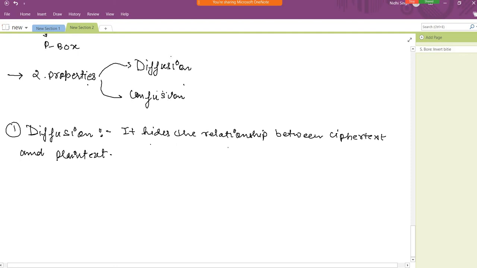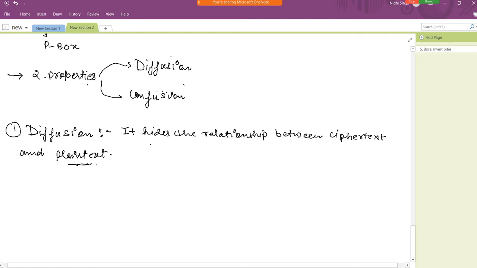So in order to hide the relationship, it has to append some security features or some security mathematical concept, utilizing components like S box, P box and other approaches, in such a way that if you change a single bit in the plain text, listen carefully, if you change a single bit in a plain text, then several or all bits in the ciphertext get changed.